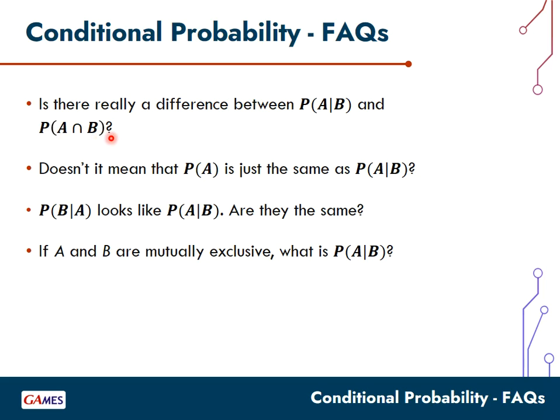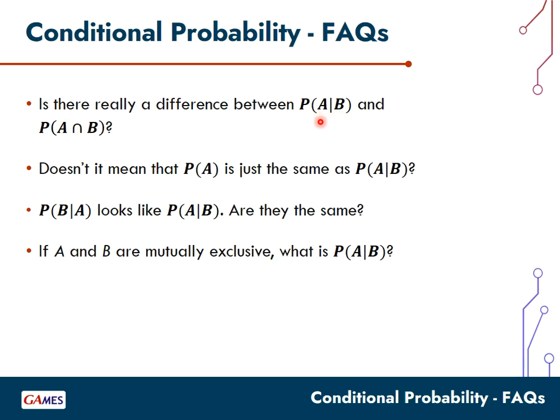So we want to check the probability that the events A and B would happen together. Neither of them has happened yet. So we're combining the two into one event and trying to check the probability of the occurrence of that event. We'll look at all the possible outcomes in that subspace. But here that we have A given B, B has happened already.